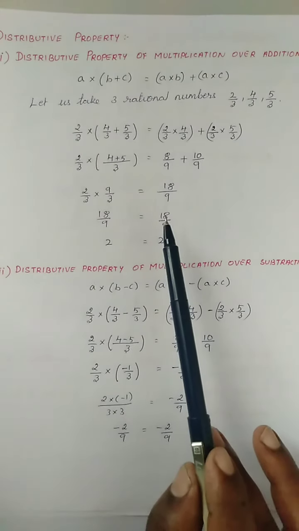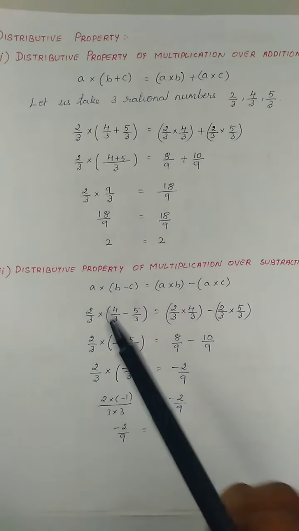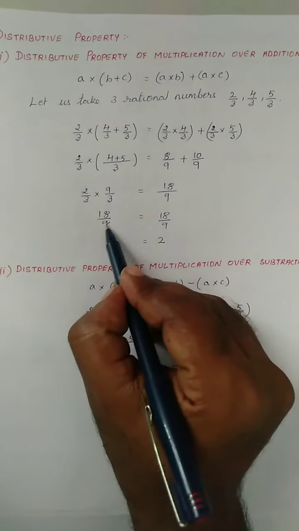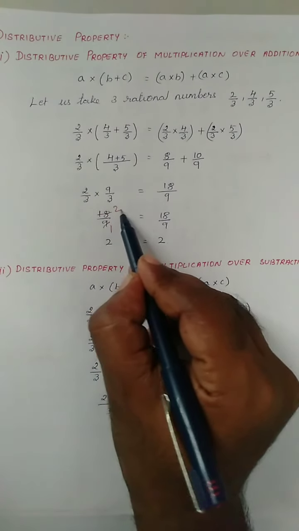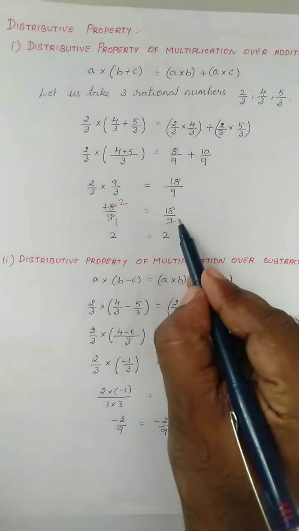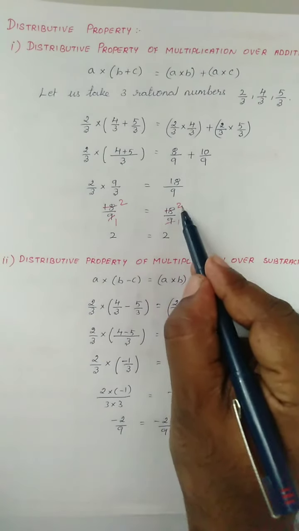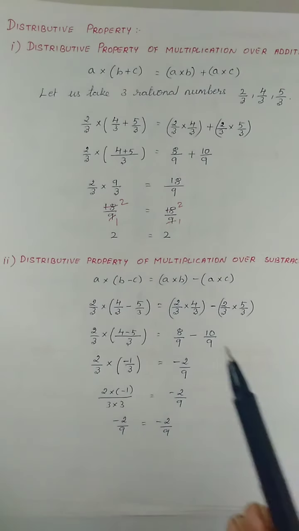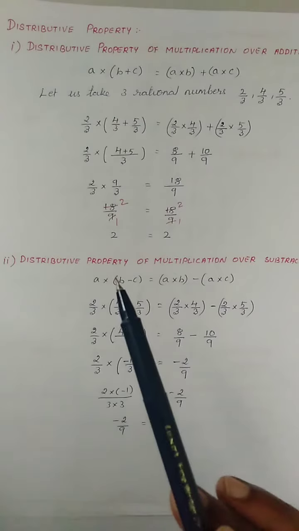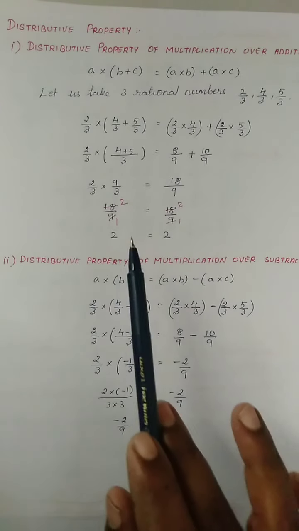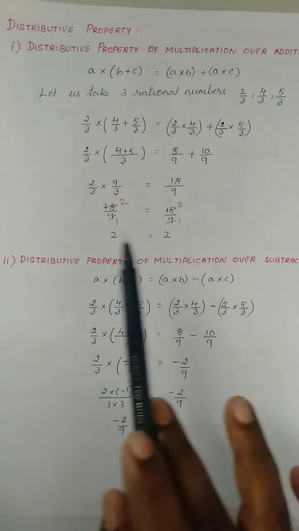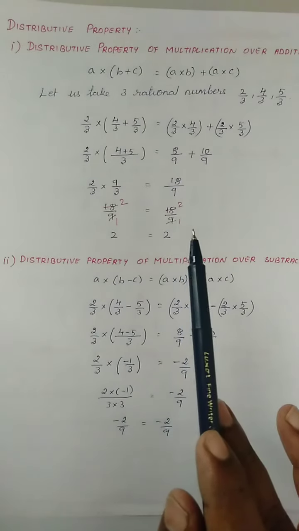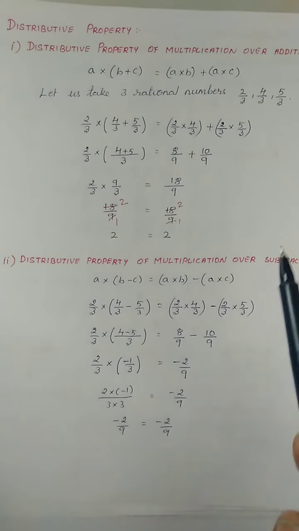Here also we are getting 18 by 9, which you can cancel: 9 1s are 9, 9 2s are 18. So instead of 18 by 9 we can write it as 2. Since both the sides are equal, distributive property of multiplication over addition is true.